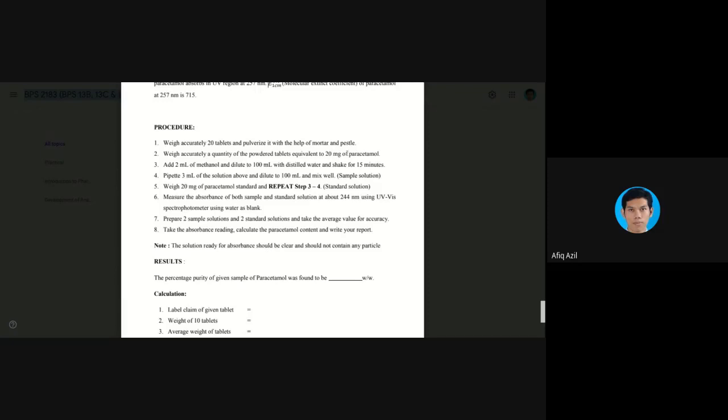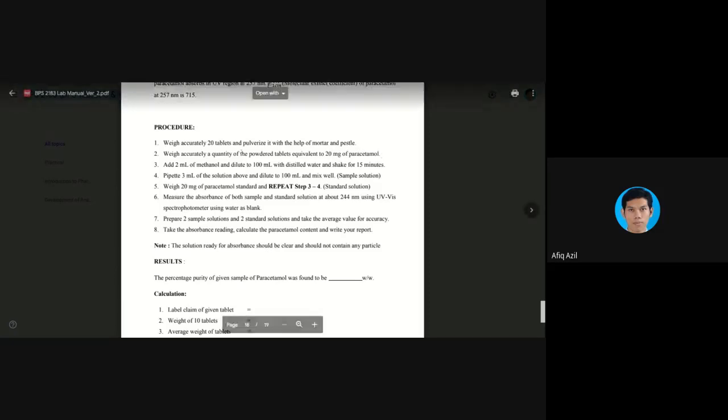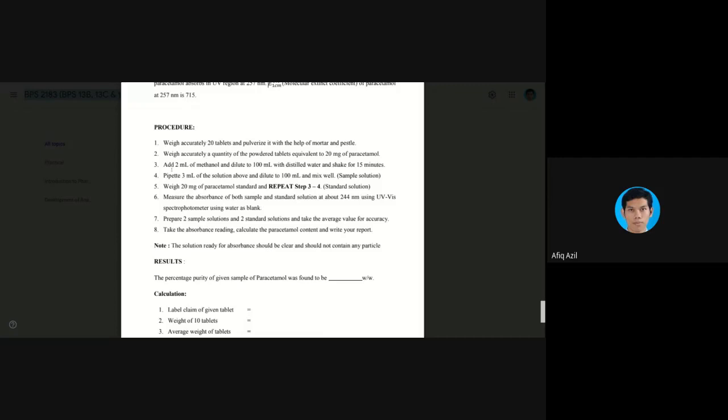of paracetamol. Once you have that calculated, you weigh it and place it into a 100 ml volumetric flask. Then you add only 2 ml of methanol before further diluting with distilled water.